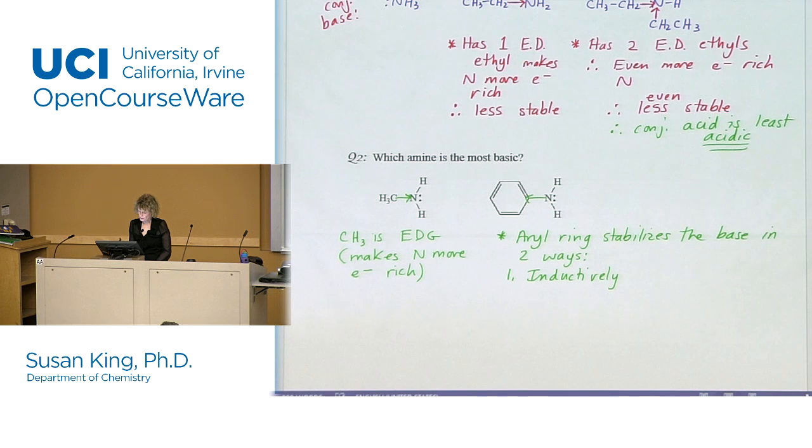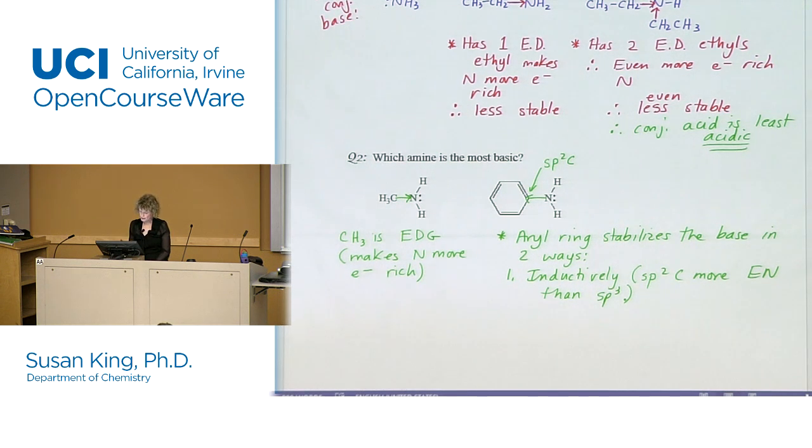So that nitrogen here, this is an sp2 carbon. It's more electronegative than an sp3, so we're going to pull electron density towards that carbon. So sp2 carbon is more electronegative than sp3. So we have a mild inductive effect from that adjacent phenyl ring.